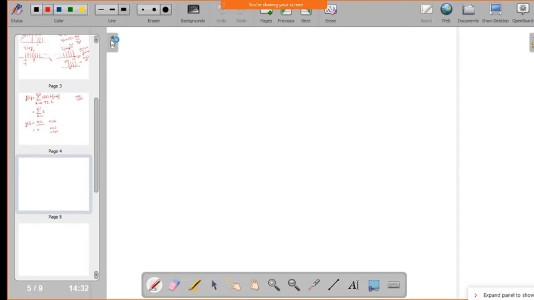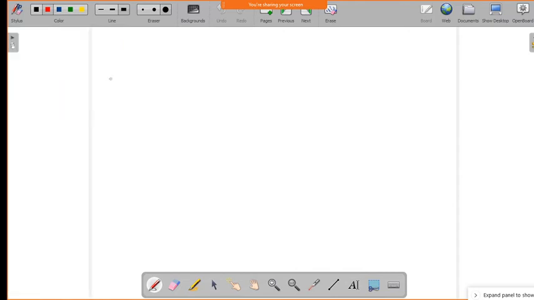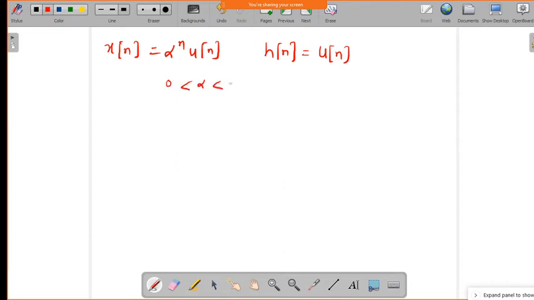Now take this one, which is x of n equal to alpha power n into u of n. Your h of n you can take equal to u of n. Do this one, where alpha is less than 1.